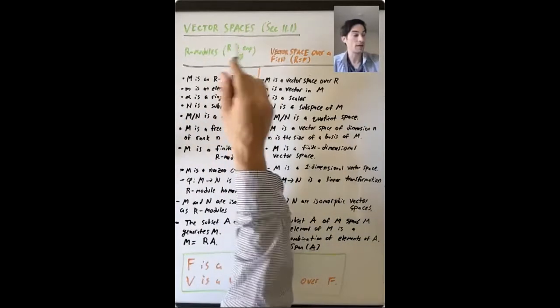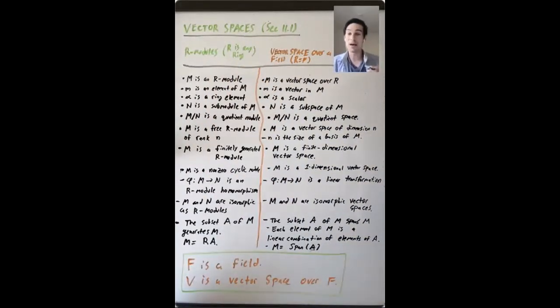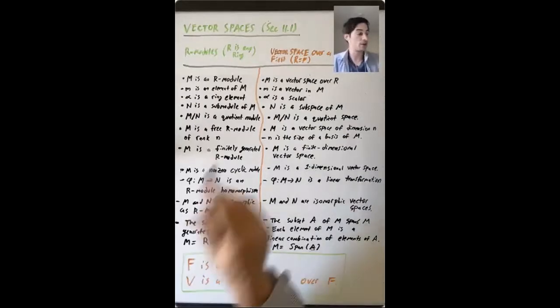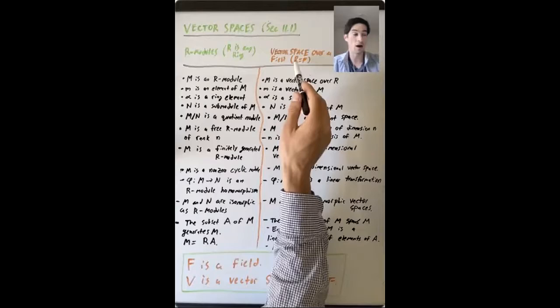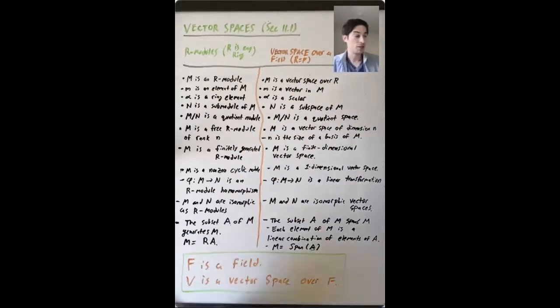But okay, R can be any such ring, and comparing that to what we say when we're talking about a vector space over a field, the special case where R is a field F. Some of the language over on this side should be familiar to you from when you learned linear algebra, even if it was just linear algebra over the real numbers, the special case where F is the field of real numbers. So I just want to quickly go through this to make sure that we're all on the same page when we use language for vector spaces.